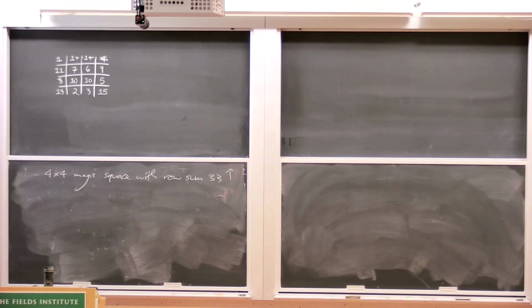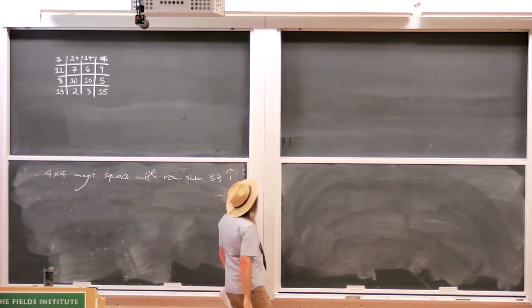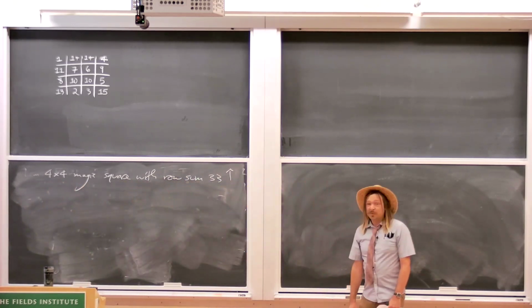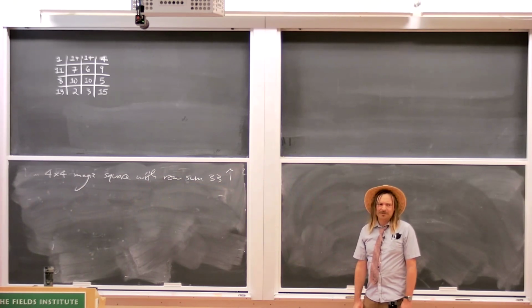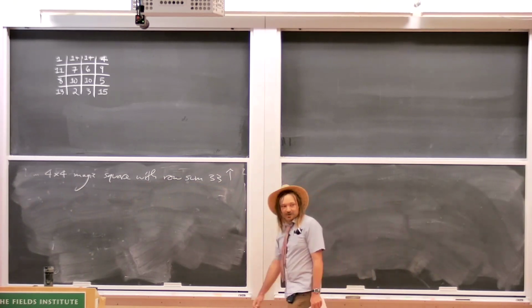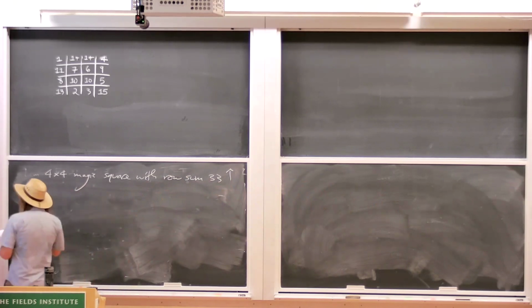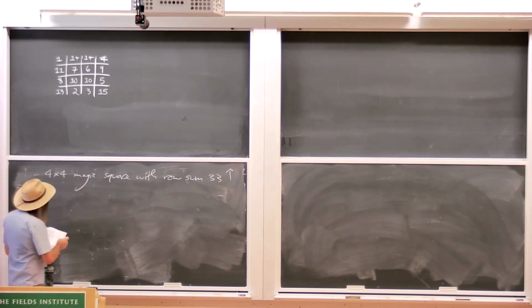All of the columns add up to the same number. That's what it means to be a magic square. And while all of these were strictly positive, I will allow 0 as an entry in a magic square.